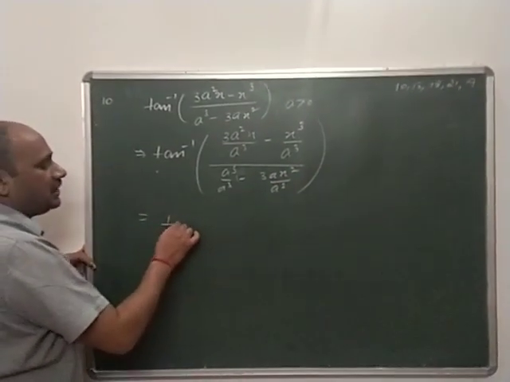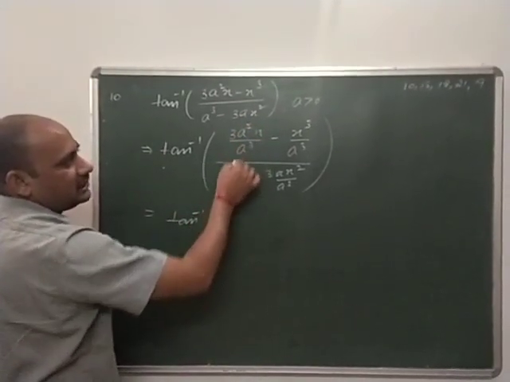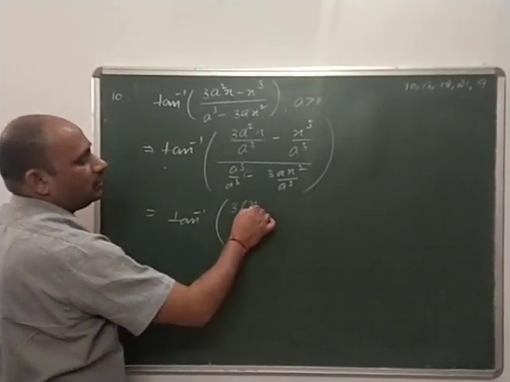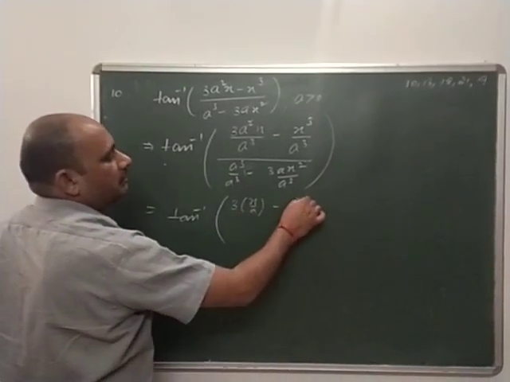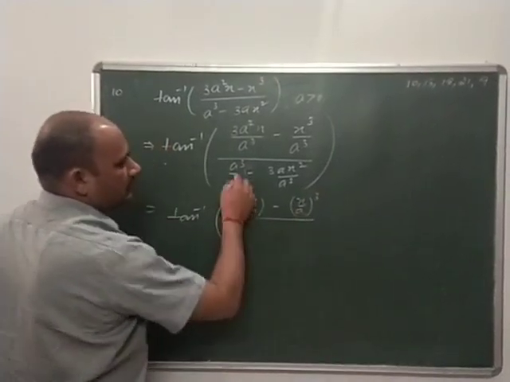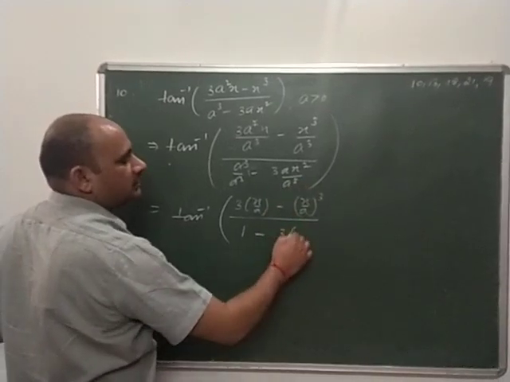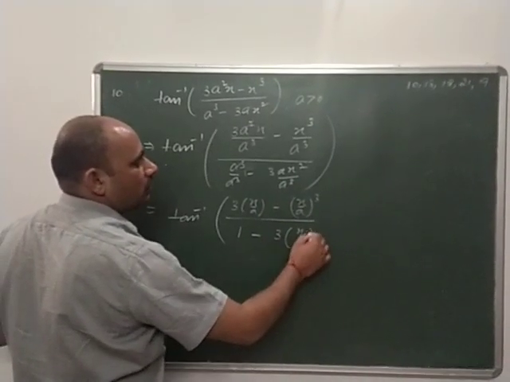Now in the tan inverse, a square cancels with a cube, giving x upon a, minus x upon a whole cube, a cube cancels 1, and 3x by a whole square.